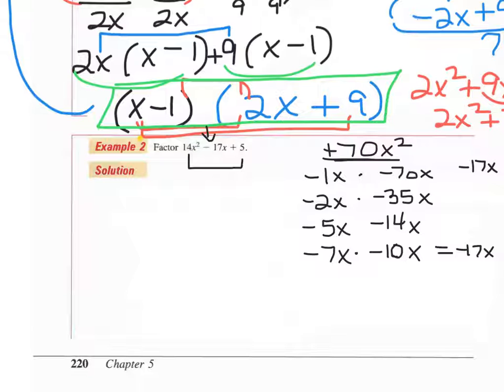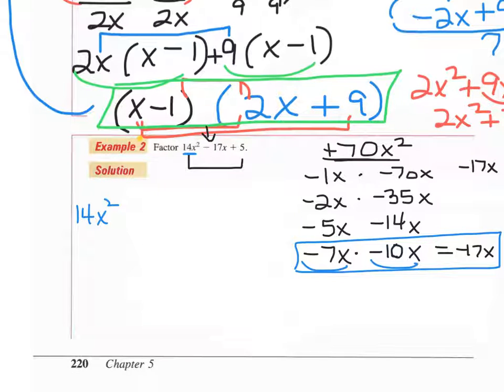So now I'm going to set up my 4-term polynomial. You rewrite the first term, so the 14x squared. I'm going to put in the 2 factors that I just found, so negative 7x and negative 10x. Again, it does not matter the order that you put those in there.